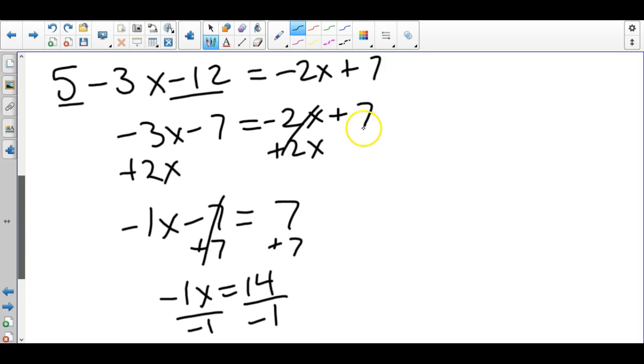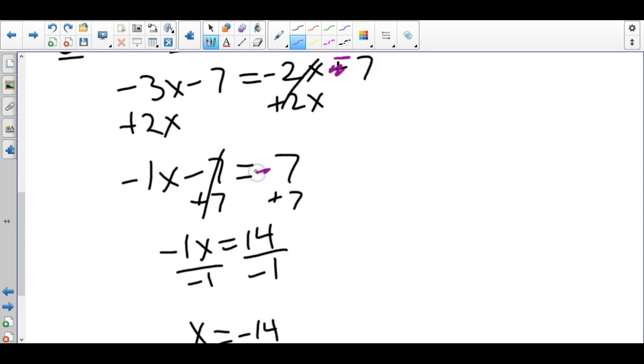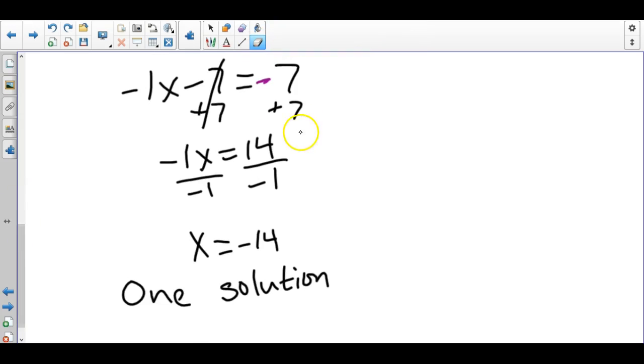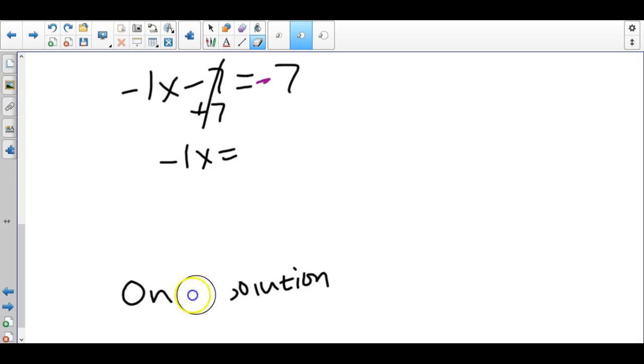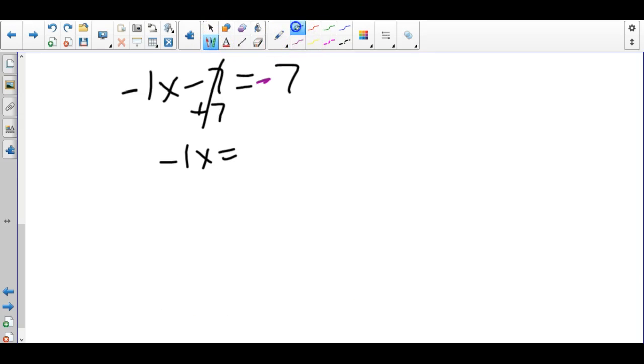If we were again to just change this a little bit, if I were to make this a negative 7 instead of a positive 7, when we got to this point and we did the adding 7 to both sides, negative 7 plus 7 is 0.